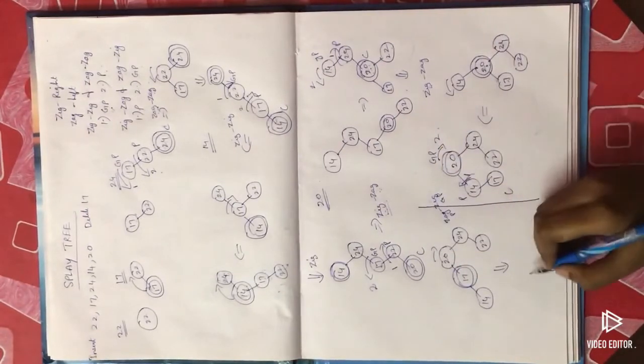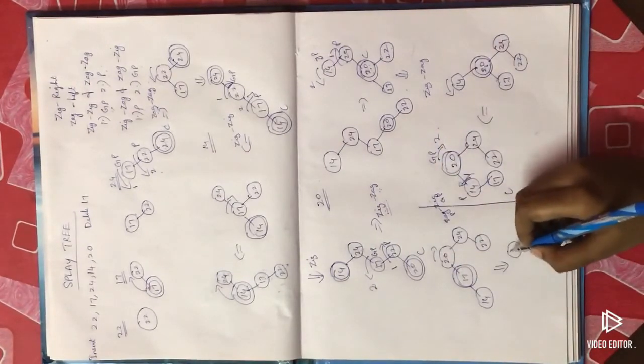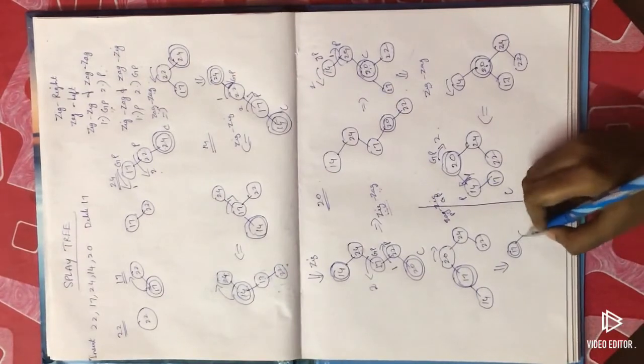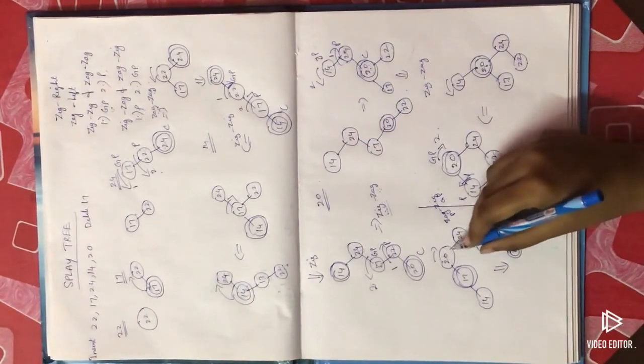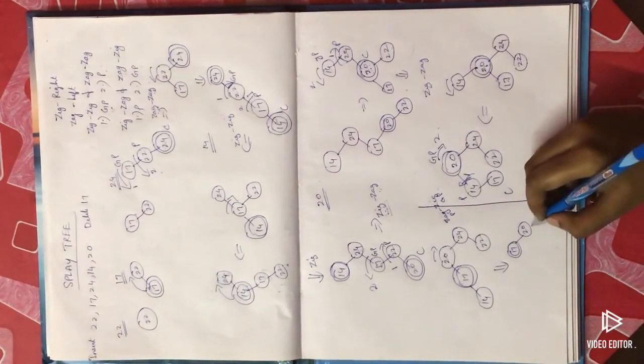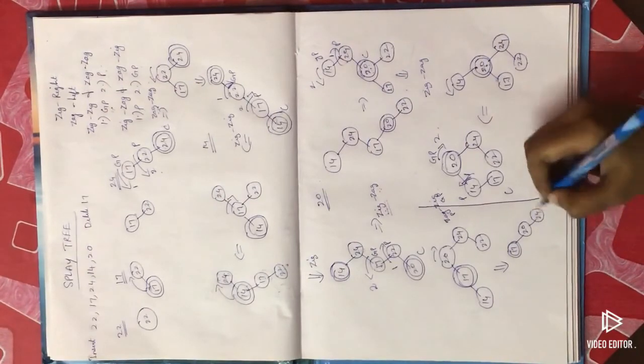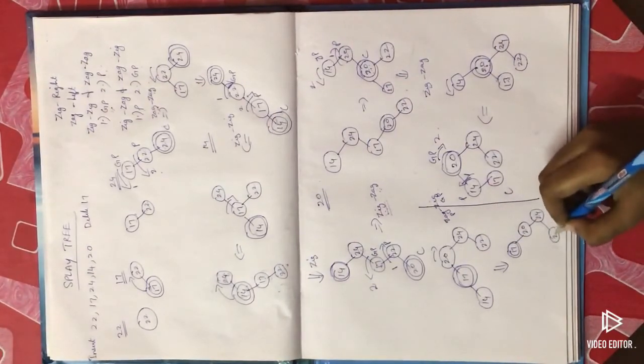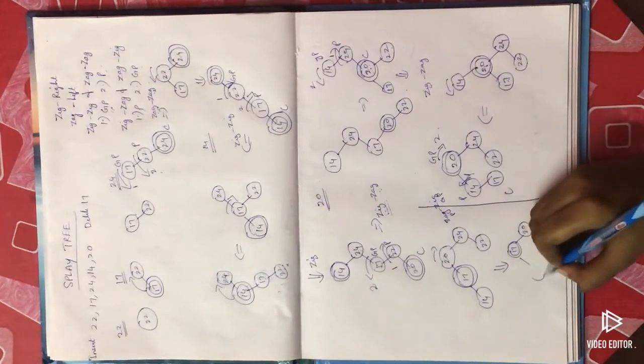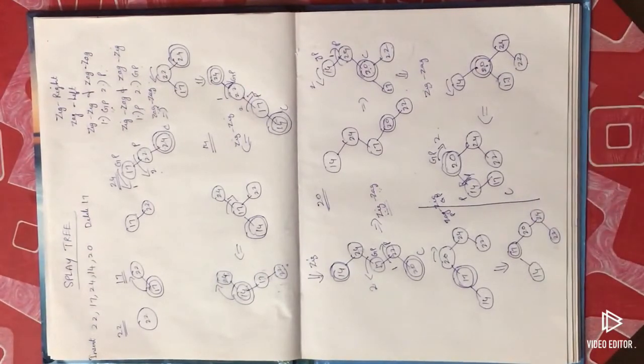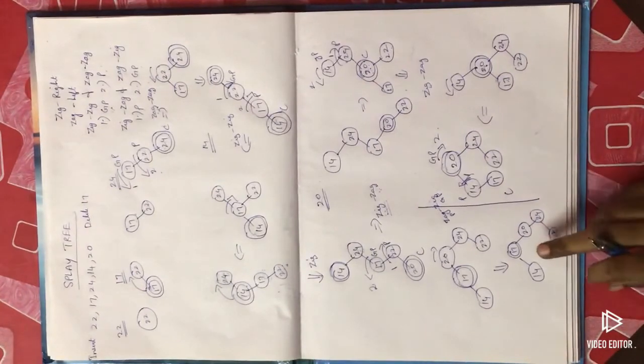So this step will be: 17 is splayed to the root, 20. At the right side of 20, 24, at the left of 24, 22. Then 14 will be here. Now we are going to delete this element 17, which is also splayed to the root.